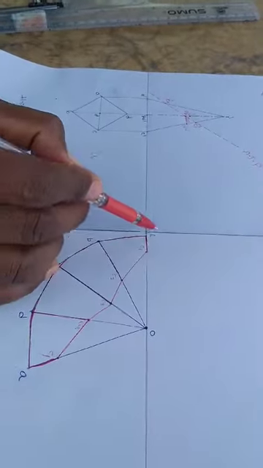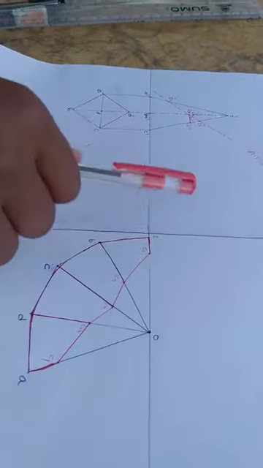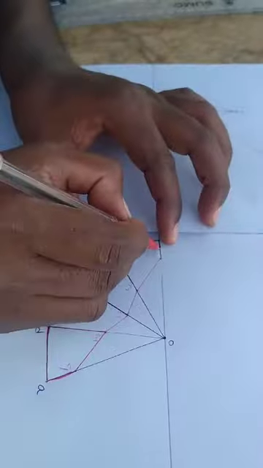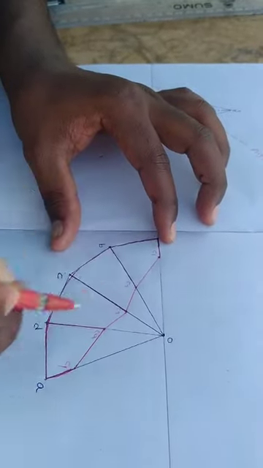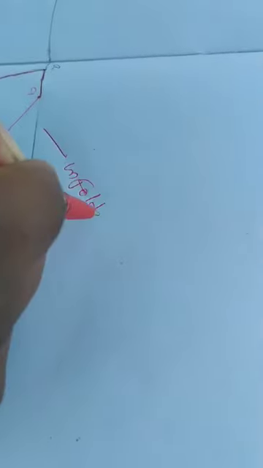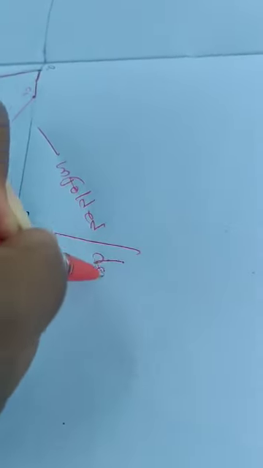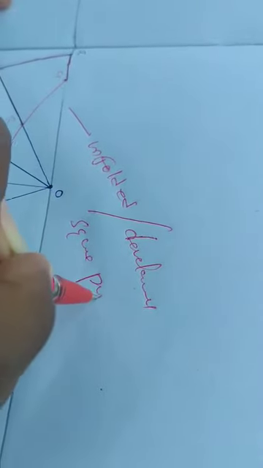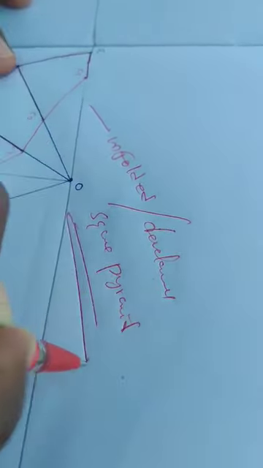This is the unfolding process. You have to unfold this way. This is the development surface of a square pyramid. This is the procedure to draw.